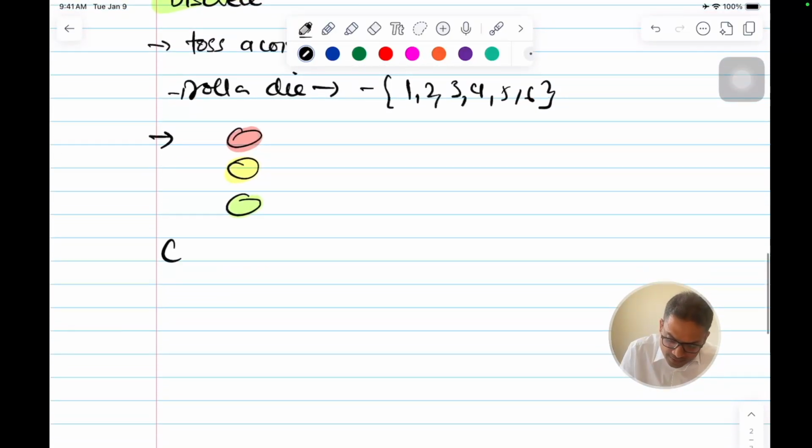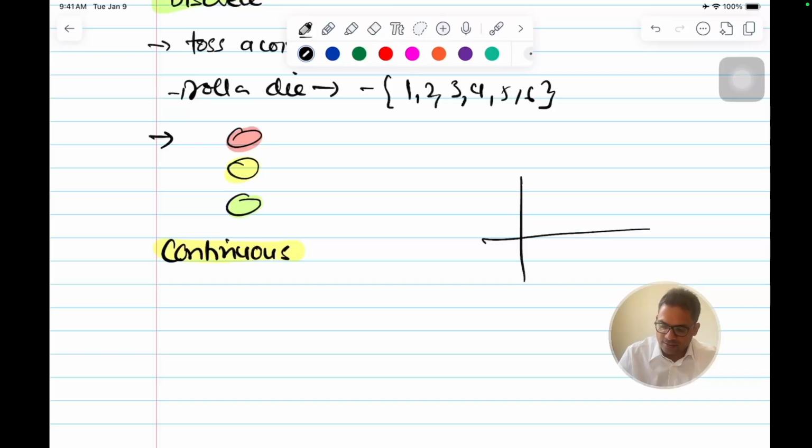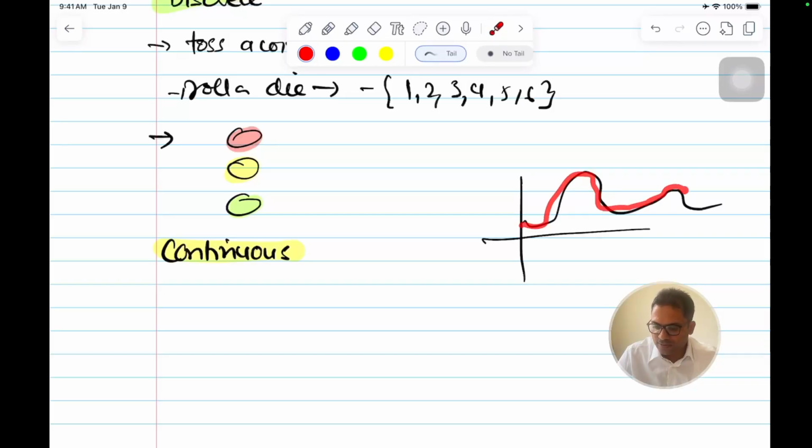The next thing is continuous. Continuous is anything that is like a graph. If you have a curve like this, this is a continuous graph. If you see, there is a continuity. There can be infinitely many points between any two points you take. This is continuous.